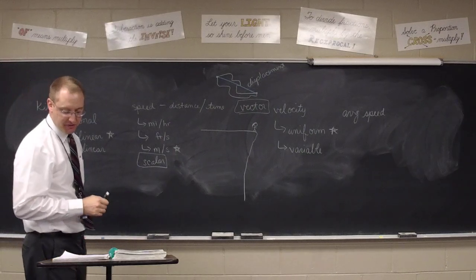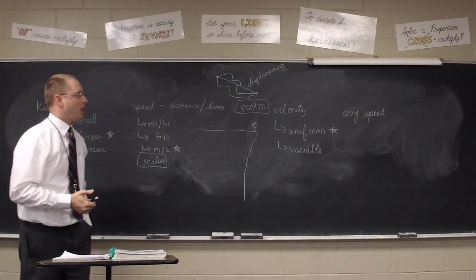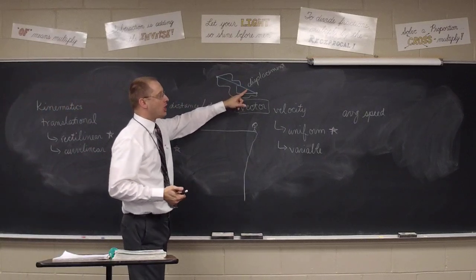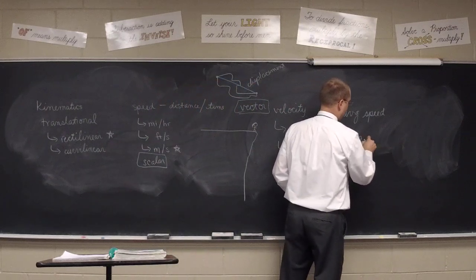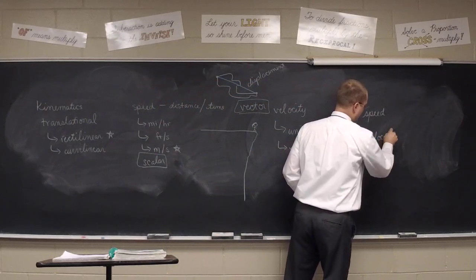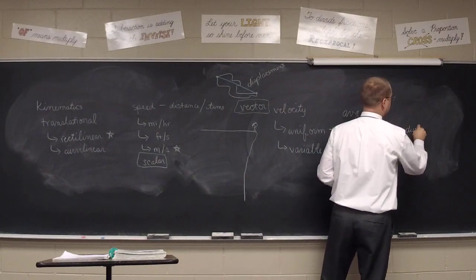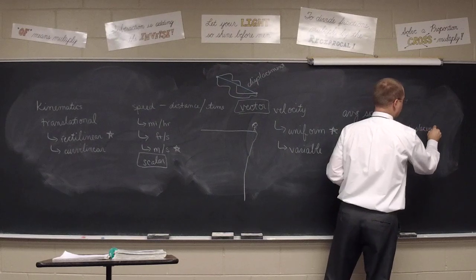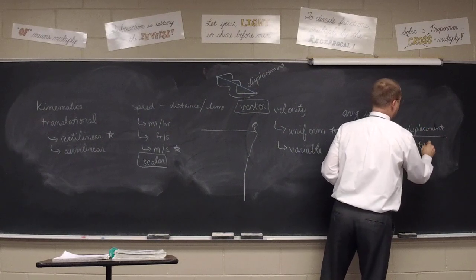And it helps to define the direction of velocity. But that's what we have to rely on then to find what we call average velocity. Because average velocity is defined as the displacement, not the distance, but the displacement per unit time.